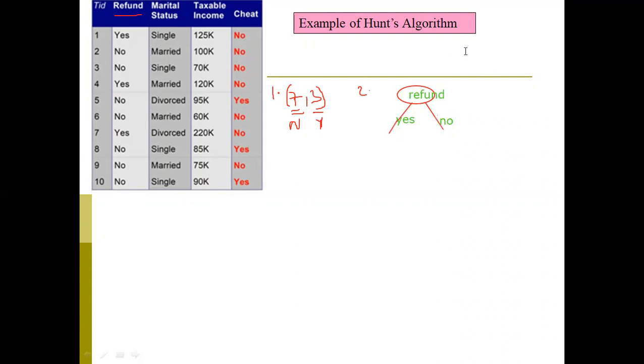Now we are going to calculate the class labels under yes, and the class labels under no. Our final target is to find out the class labels, isn't it? So now we are going to take the class label under yes.